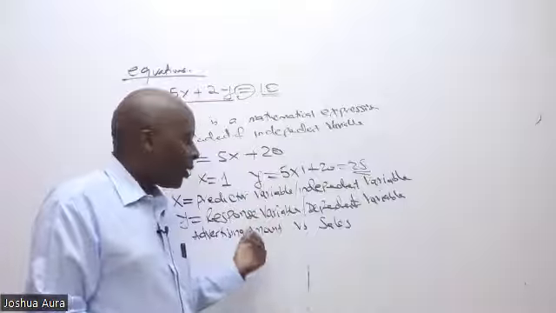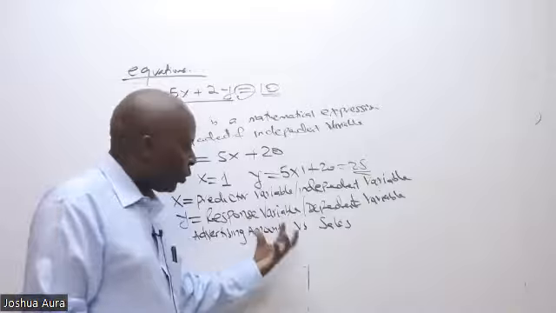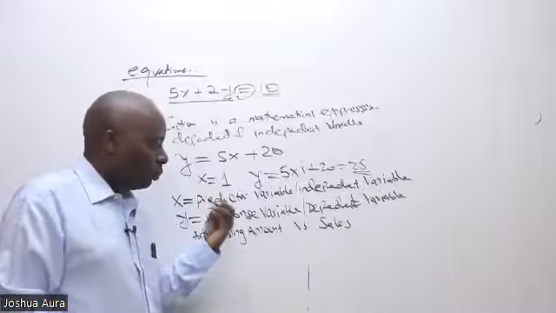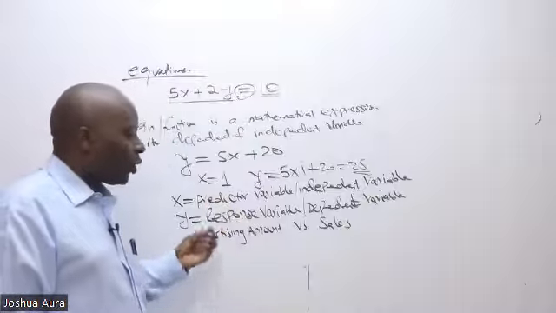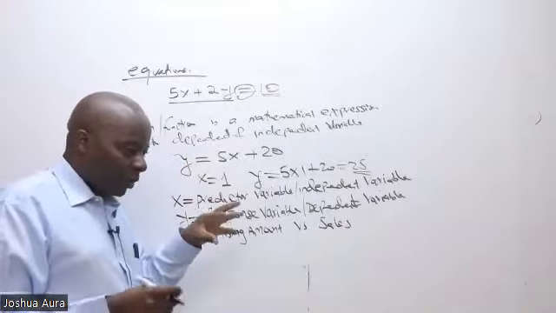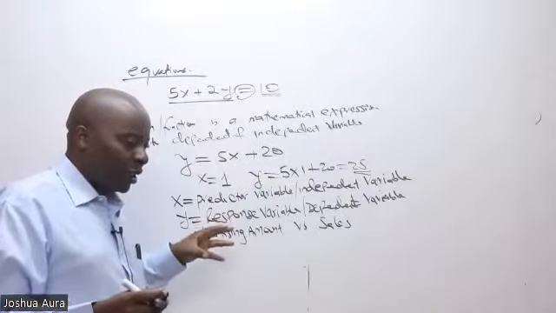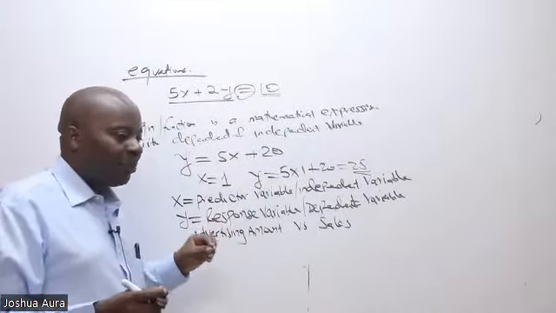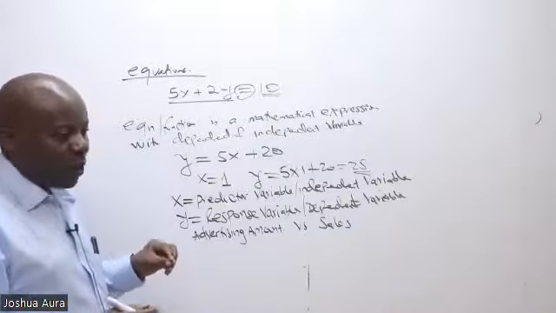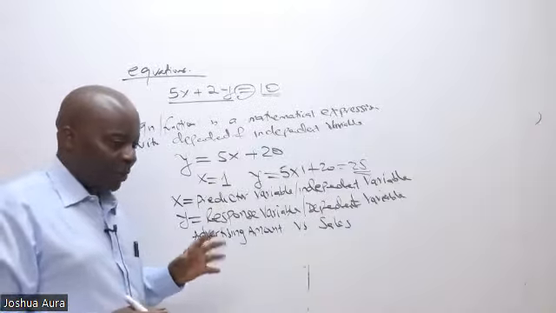But now I would want you guys to talk to me between these two. If you have to put this in an equation, in a function, which one is the dependent variable?